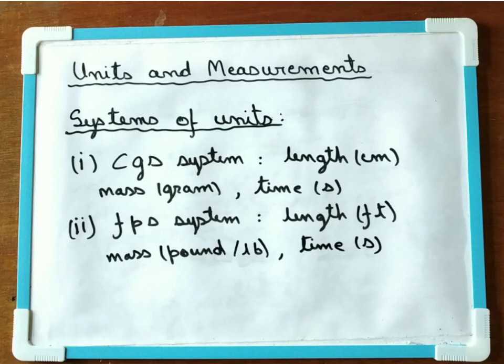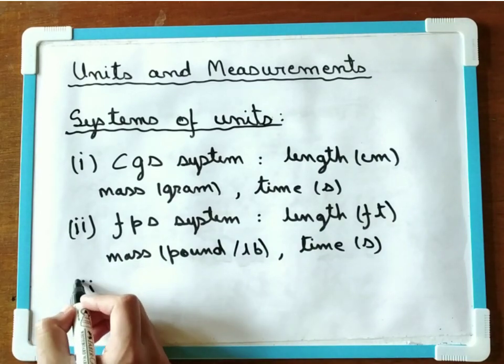So in this FPS system, length is in terms of foot, mass in terms of pound, and time is in terms of second. This system of unit is used in Britain, in England.